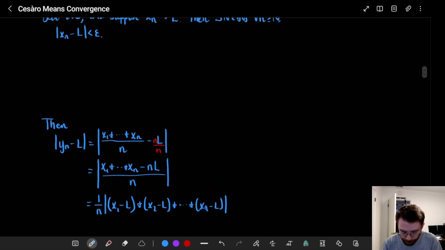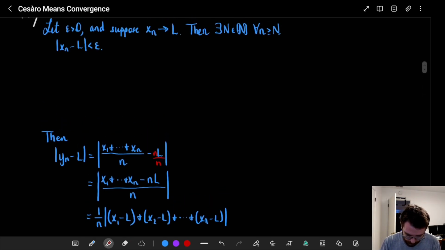And so great, I've paired up my terms so that they sort of look more like this. And you might say to yourself, well, they don't look exactly like that. There are a couple things that are wrong, but at least we're getting closer. Right, so maybe we're starting to see some light at the end of the tunnel.